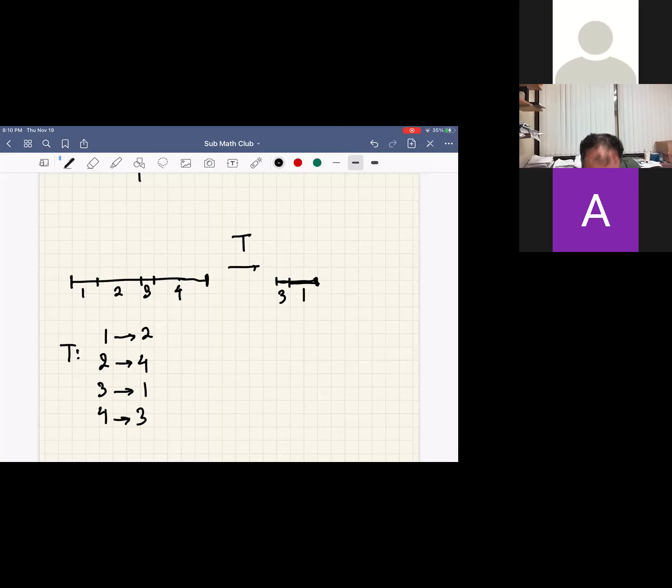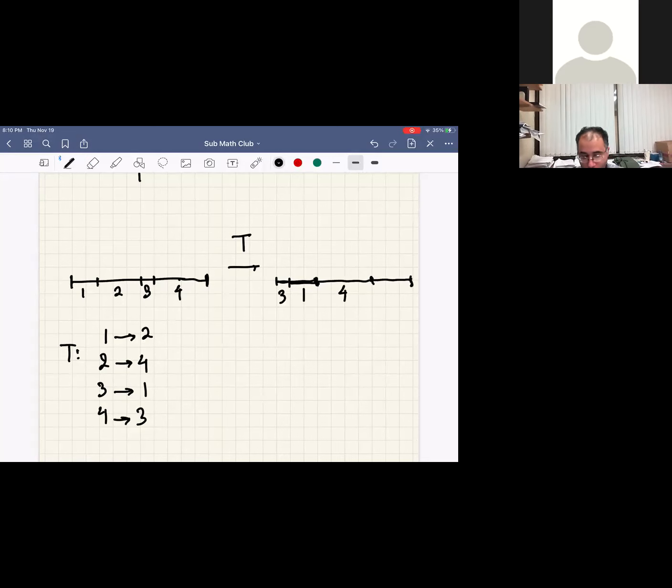The 4th interval comes to the 3rd position. And finally, the second interval was supposed to go to the fourth position, so let's send it there. As you see, I get the same interval again, but the sub-intervals have been exchanged.